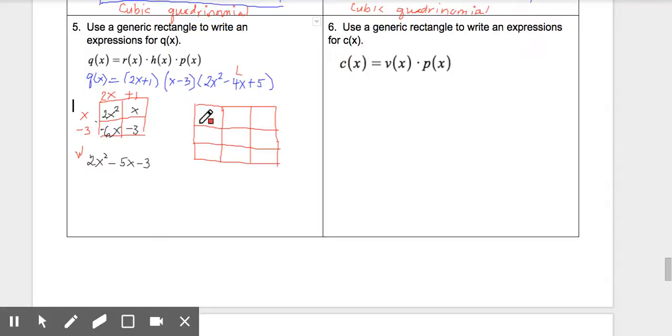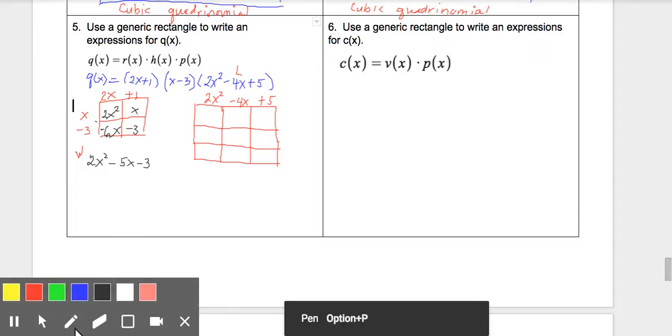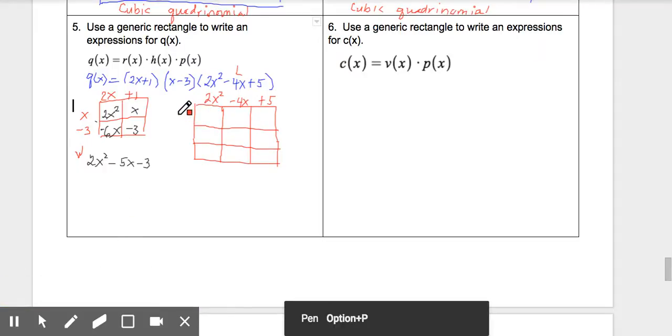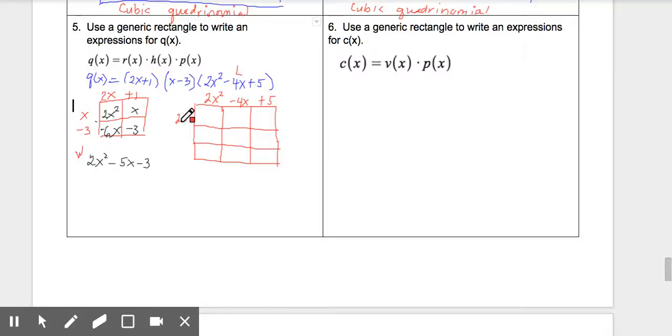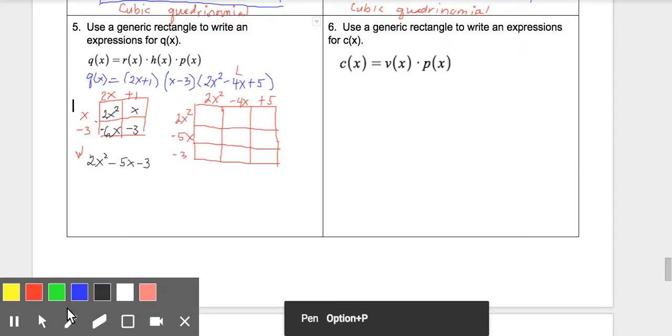For the length, we can put 2x squared minus 4x plus 5. And then the width, we can put here. Notice that we can interchange the length and the width. So for the width, we'll have 2x squared minus 5x minus 3.